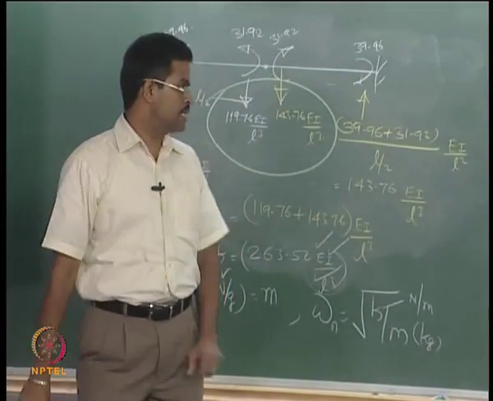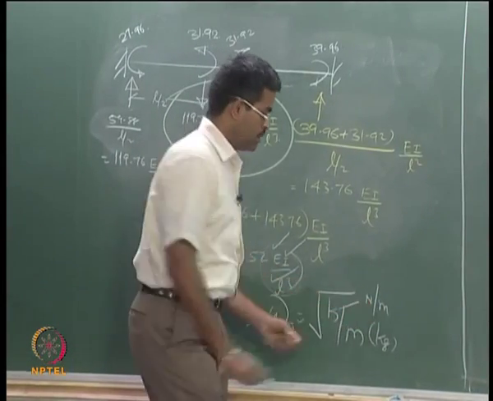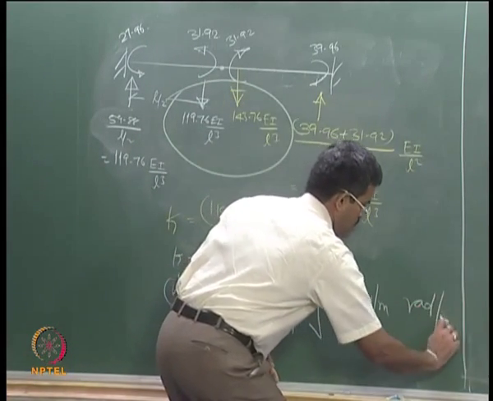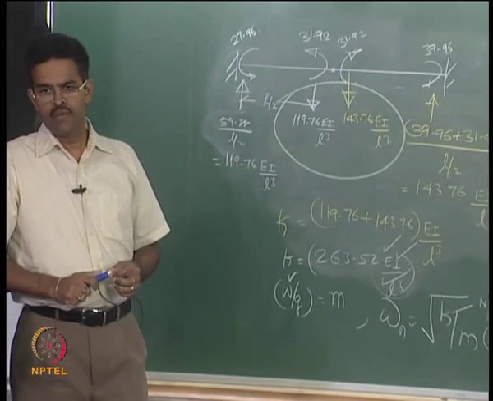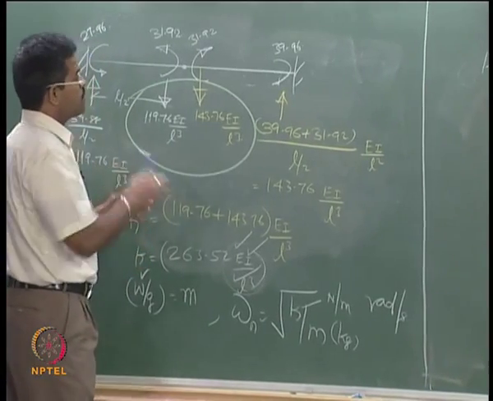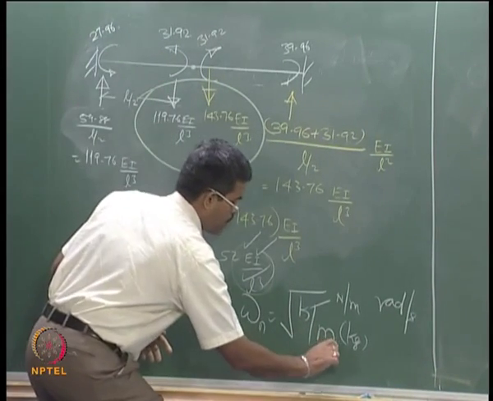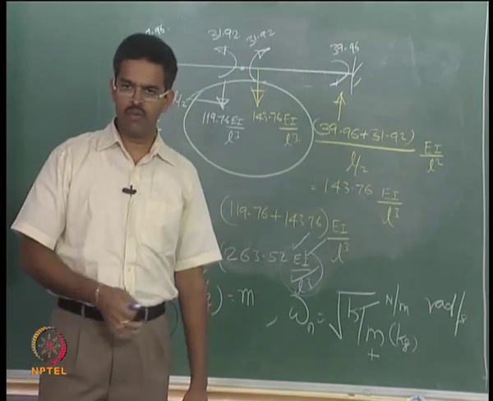So you will automatically get Newton per millimeter, convert that into the specific unit you want, and you will get this as so many radians per second. Now, if the problem says add the weight of the beam also, this m will be m plus the self weight of the beam, add the beam and do it.